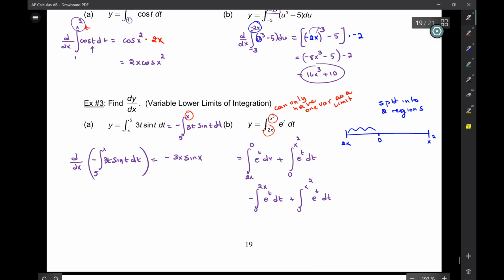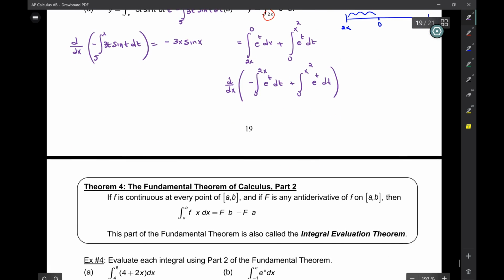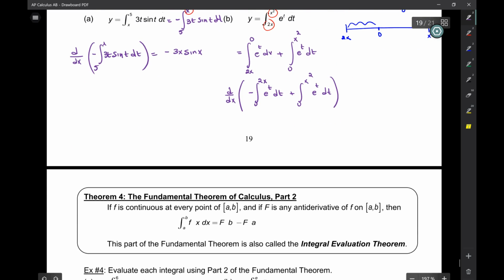So now I have to take d/dx of this entire thing. What happens for the first one? 2x goes into t, so we have e to the 2x, times 2, and of course there is a negative out front.